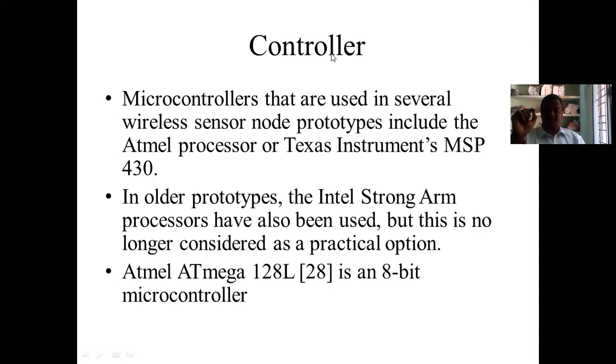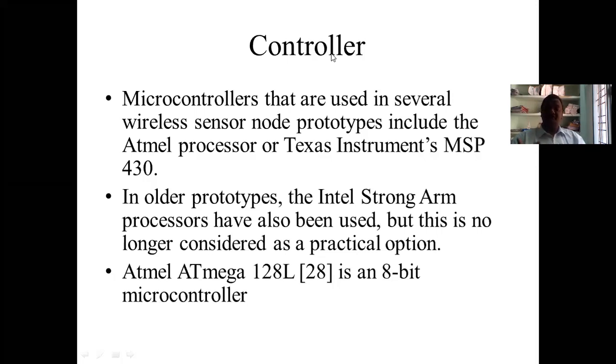Controller is the best because of low bit rate, low memory, and it can communicate with multiple devices. So it is very flexible for node-to-node communication. So that's why the controller is the best.